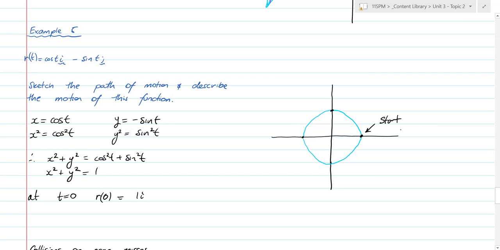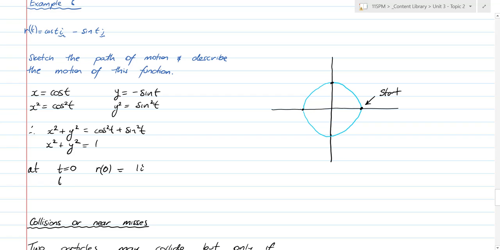Okay, there's my start. What's cos of 1? Is it positive or negative? Positive, so at t equals 1, r of 1 is equal to positive i. What's sine of 1? Positive or negative? It's positive, but negative sine of 1 therefore is negative, so I'll accept either answer here.